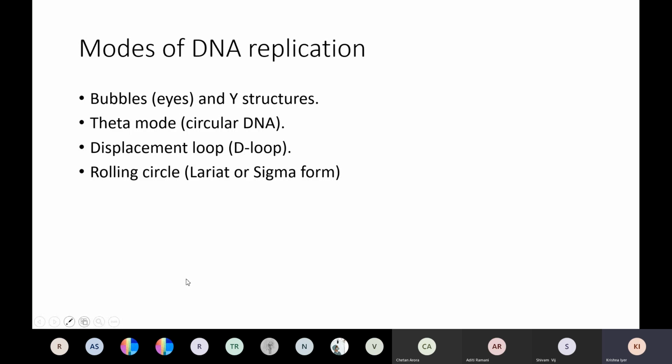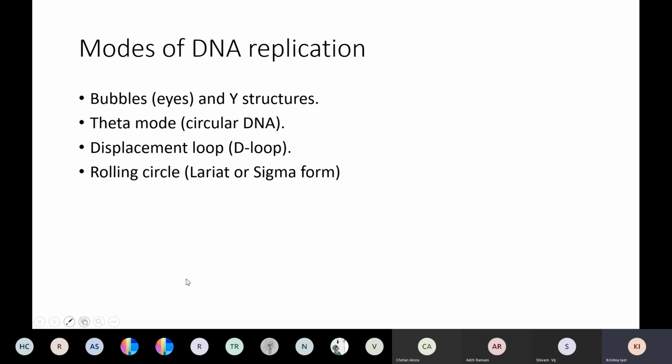After looking at what these terms mean, we said the actual way the DNA replicates can occur in 4 different ways, which we call the bubble or I type replication, theta replication, D loop replication, and rolling circle or lariat or sigma replication.